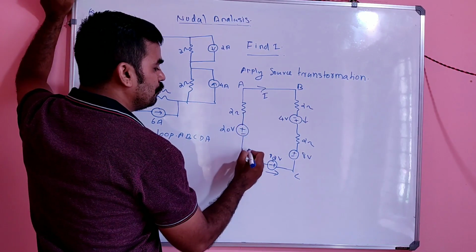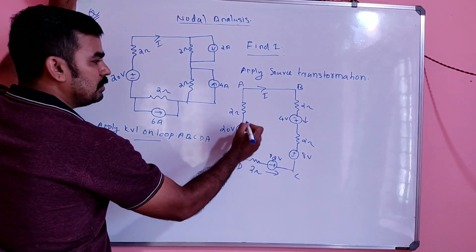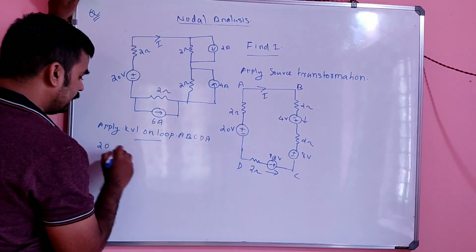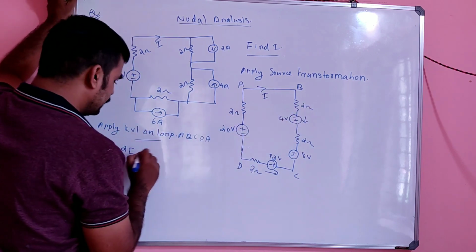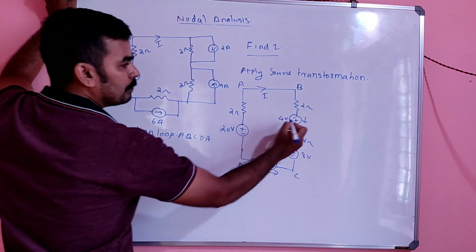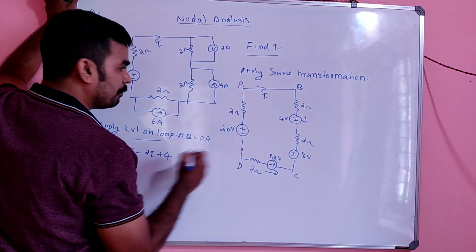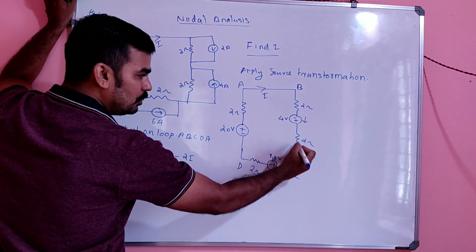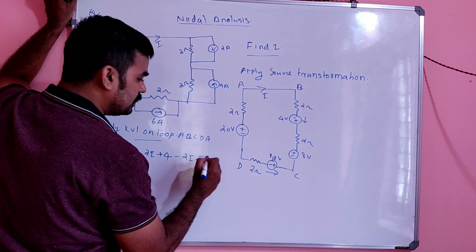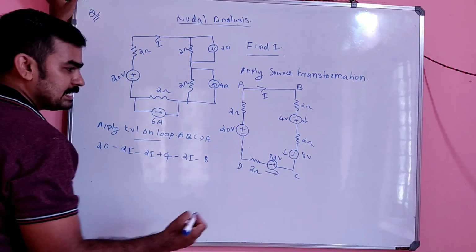So see, I am moving from here to here, it is plus 20, minus 2 into I, minus 2 into I, again minus 2 into I, then it is increasing potential, plus 4, again minus 2 into I, minus 2 into I, then it is minus 8, it is decreasing potential.